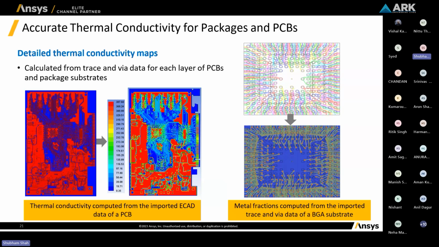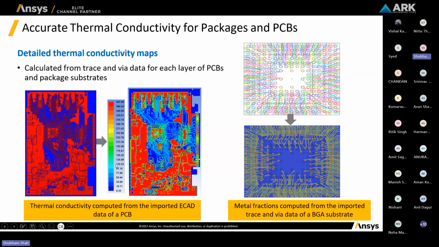So this is the accurate thermal conductivity for packages and PCBs. This is the detailed thermal conductivity maps example. This is how you can go ahead with the trace data and the metal fraction computed from the traces. This is how your thermal performance will look when you go with all the traces and everything through your ECAD import.